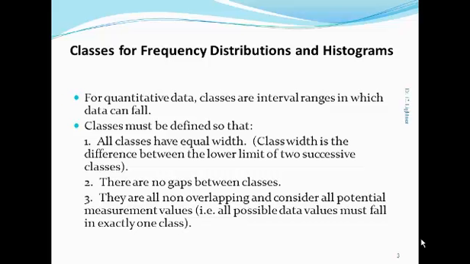Our third criterion: all of our classes must be non-overlapping, and all potential measurements must have exactly one class in which it falls. For instance, we would not want to define one class as values from 0 to 15, and the second class as values from 13 to 28.